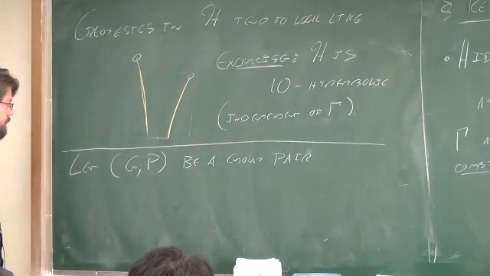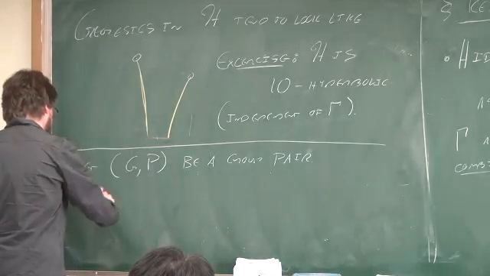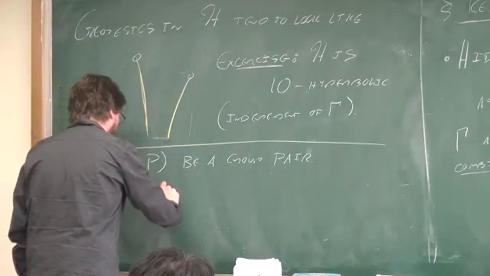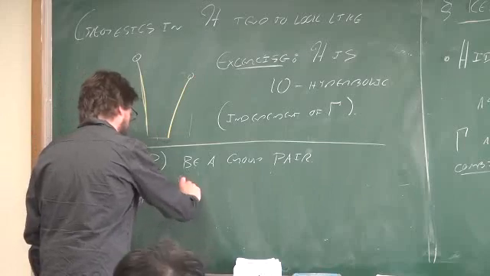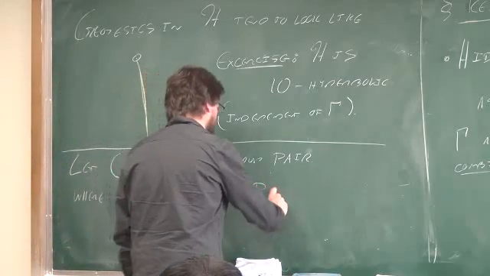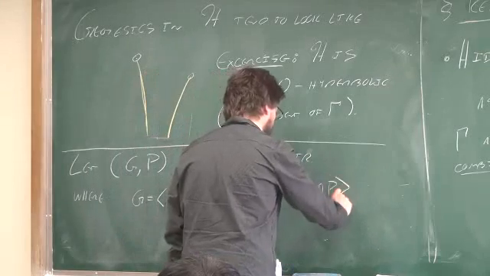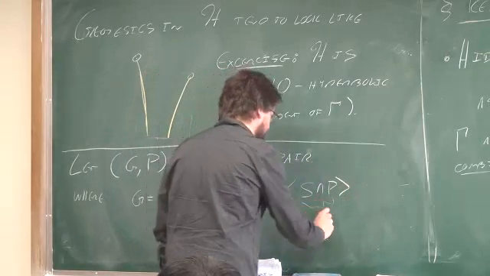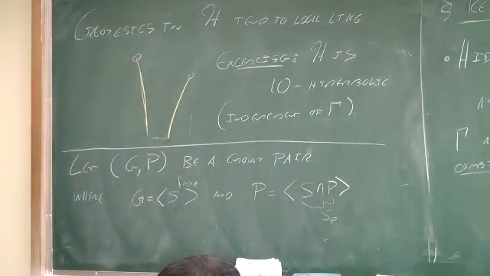So we're going to let (G, P) be a group pair where G is generated by some finite set S, and suppose that this subgroup P is generated by S intersect P, which is of course then also going to be a finite set. We'll call this set S sub P. If P is finitely generated, it's easy to just add the generators of P to the set S, and you'll have this extra property.